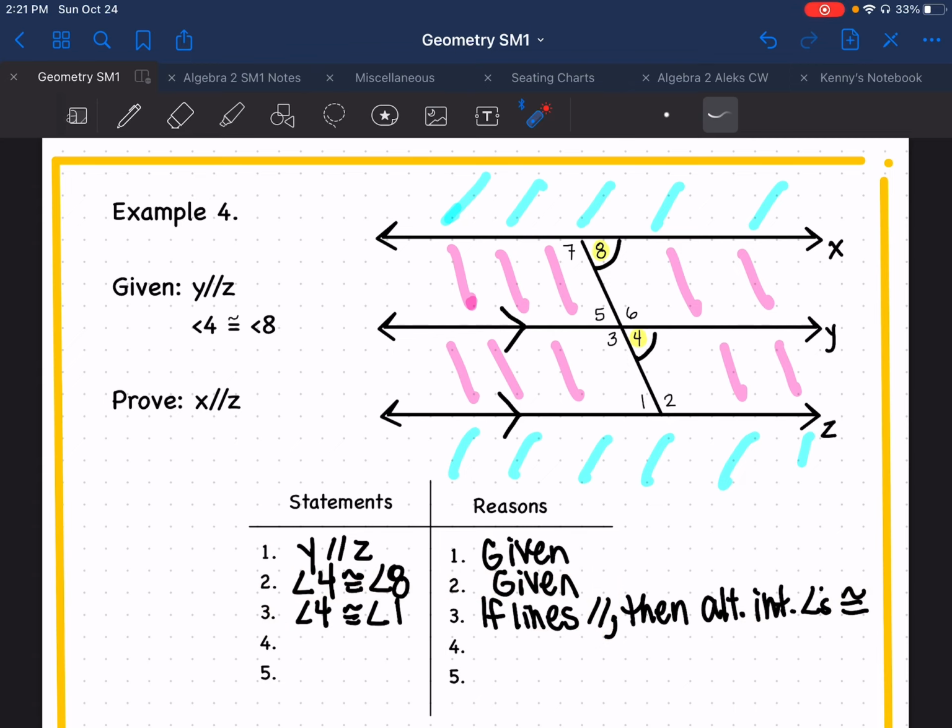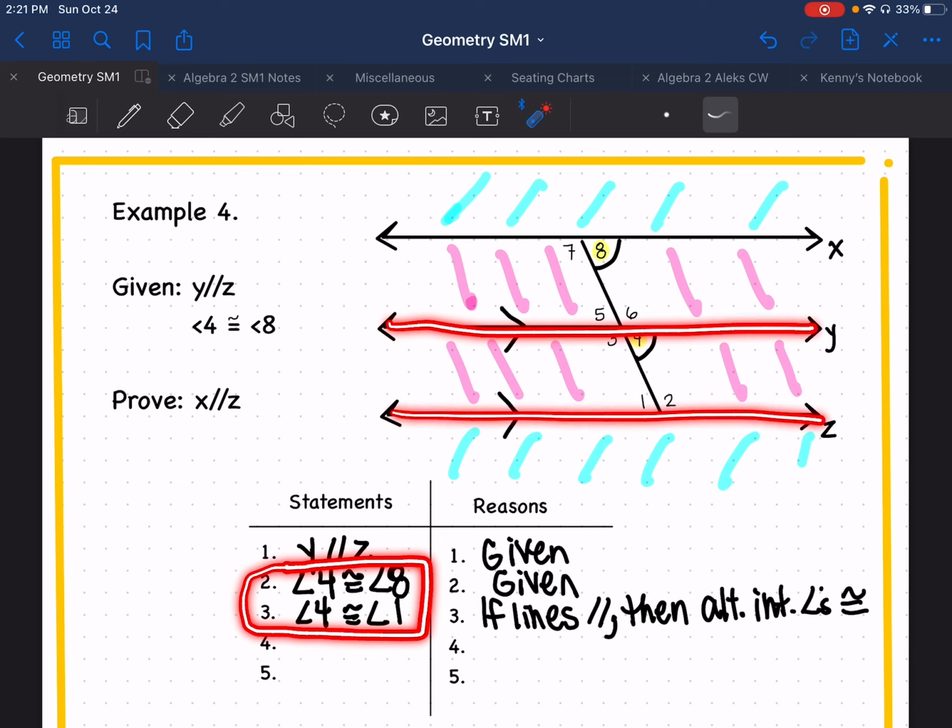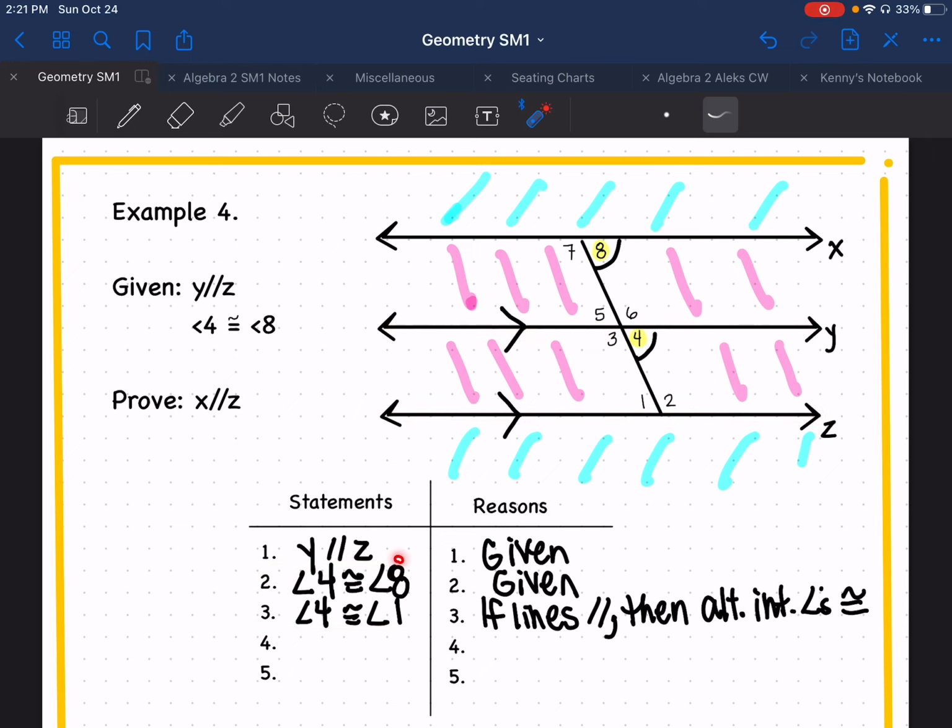All right, now here comes the tricky part. What we're going to use here are these two statements. And what we're looking for is something that has been repeated. We purposely picked angles from lines Y and Z so that we would get a repeat. So who is being repeated? You have angle 4, angle 8, or angle 1.